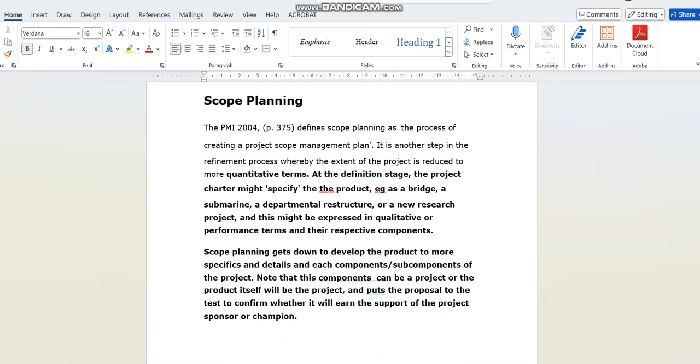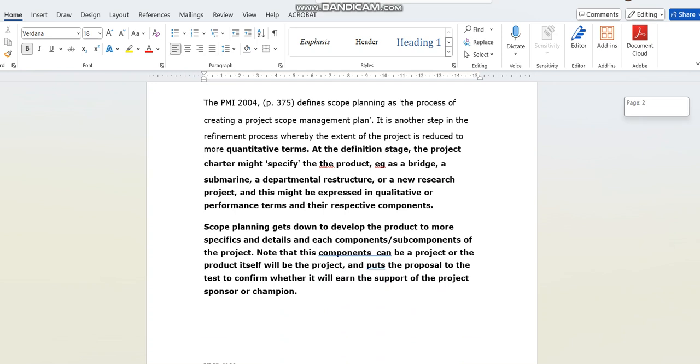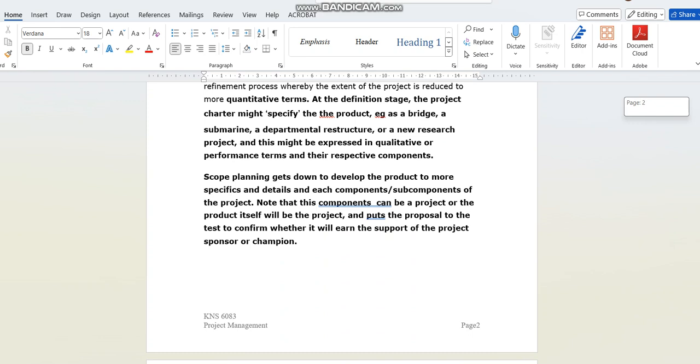What are the subcomponents? Obviously, we will need to carry out a lot of studies at this stage, such as the site, the location, the proposed location or proposed route and all that. Essentially, we are trying to understand the constraints.